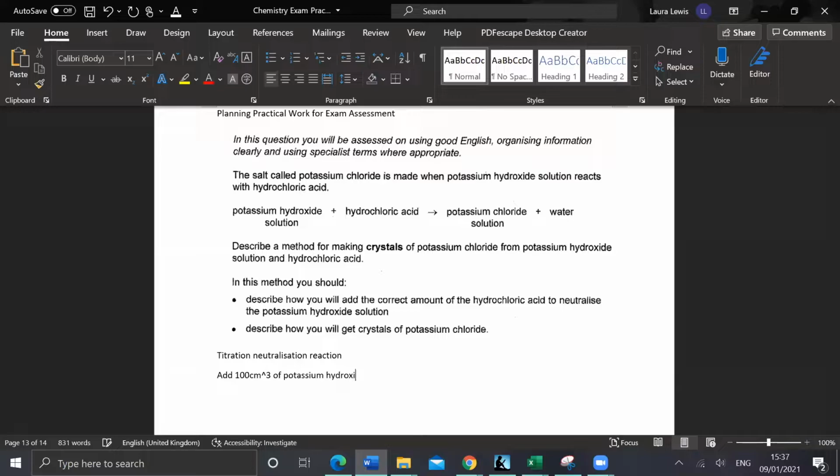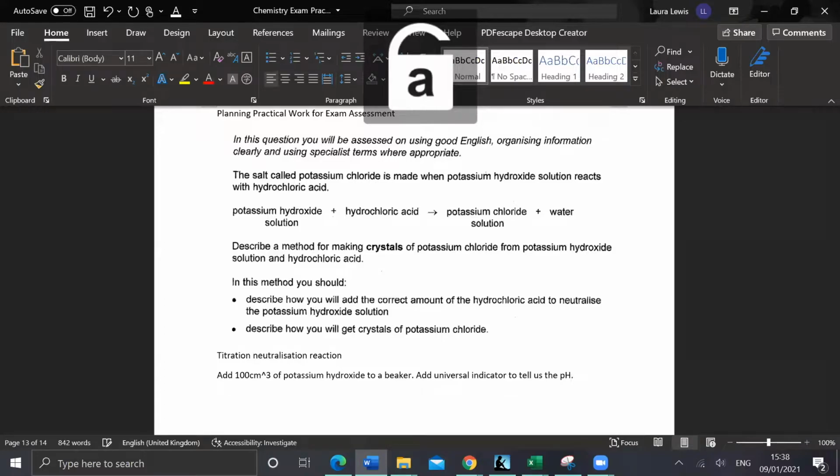Then we need to know the pH of it, so I would add universal indicator to tell us the pH. As it's an alkali, it should be dark blue to purple.